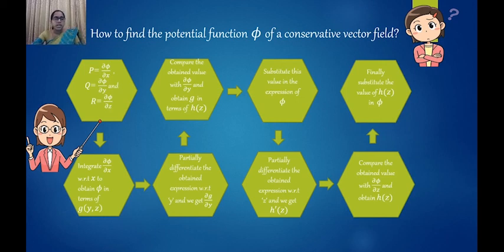So just keep these steps in mind. It is similar to calculating the potential function of a conservative vector field in 2-space, except that you have to find 2 functions, g and h.